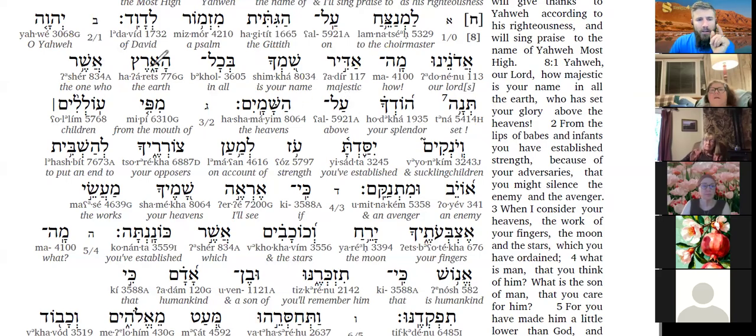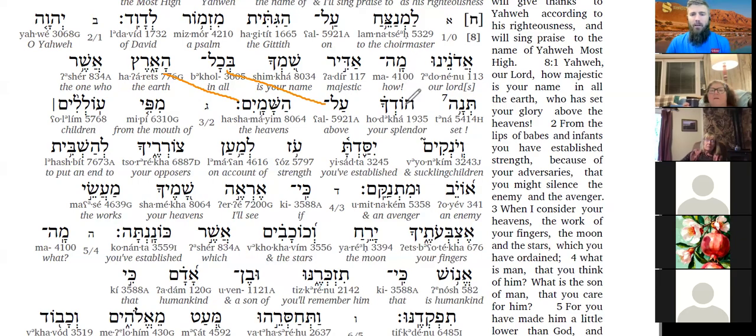Okay. I want to look at some parallelism here. Haaretz goes with Hashemayim. Shimcha goes with, well, I don't know. Ma'adir shimcha, I don't know. Maybe what I'm having trouble with is that asher usually gives us more information about something, and it's usually the previous word, but not always.